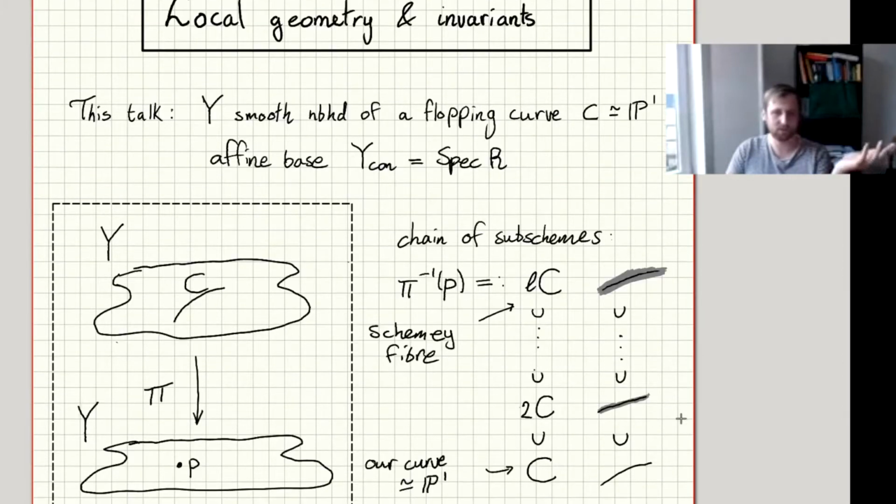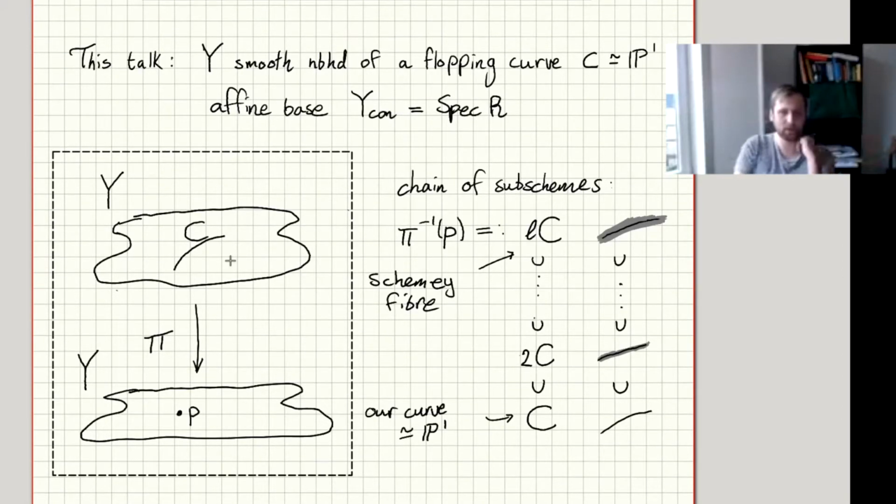Right, so what do these look like locally? So we have our neighborhood, we have our P1, which we're contracting to a point. But in fact, if you look at the fiber of this point, then this has a non-trivial, non-reduced scheme structure. So it's not just a P1, it has some sort of multiplicity.